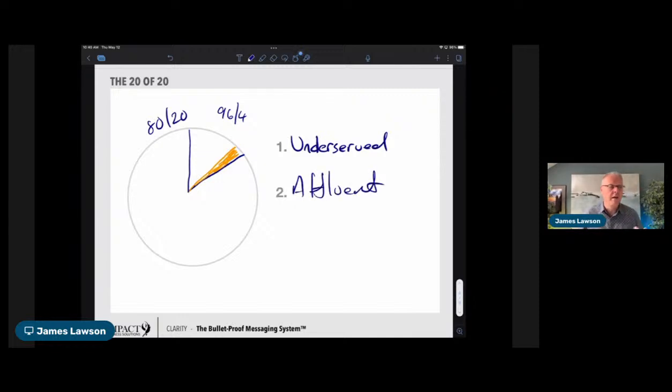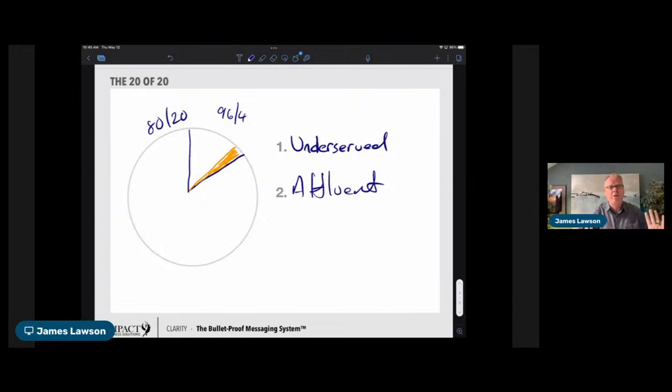Now, the second thing you want to be looking at is, are they affluent? Affluence means different things to different people. What we know is people who are starting their business probably have a certain amount of runway in terms of finance to get their business up and running, get it moving, get traction. People coming out of corporate, starting their own coaching or consulting business, are perfect for what we want to do.